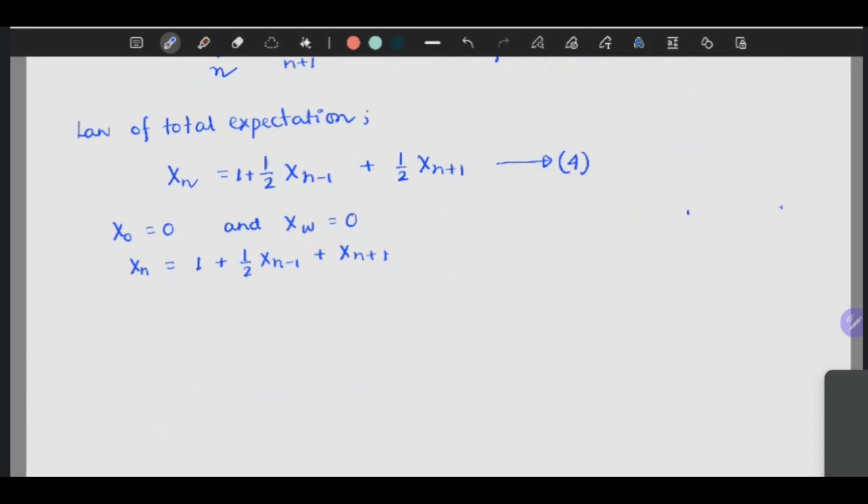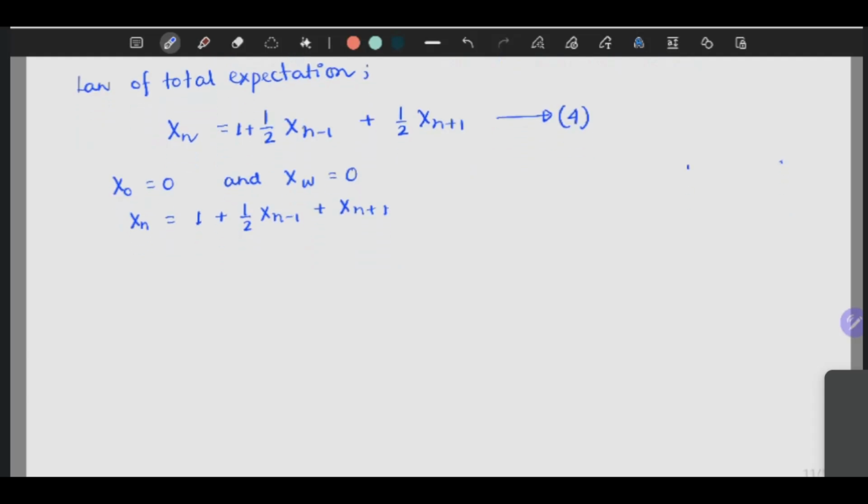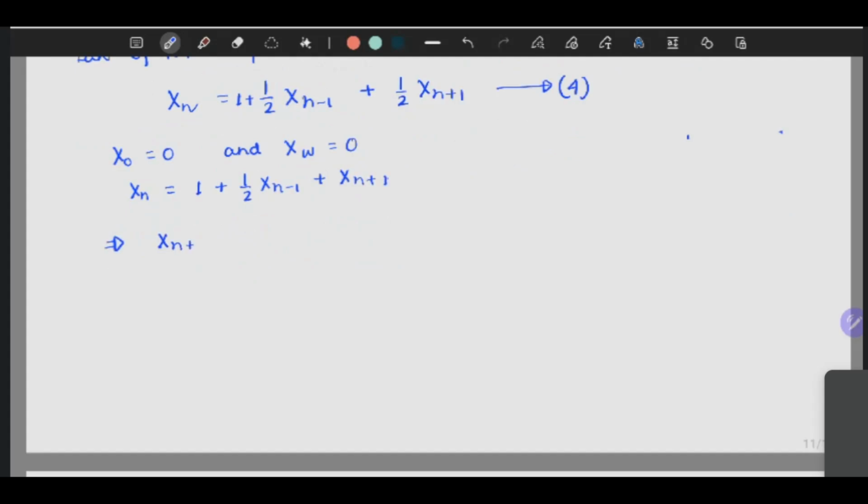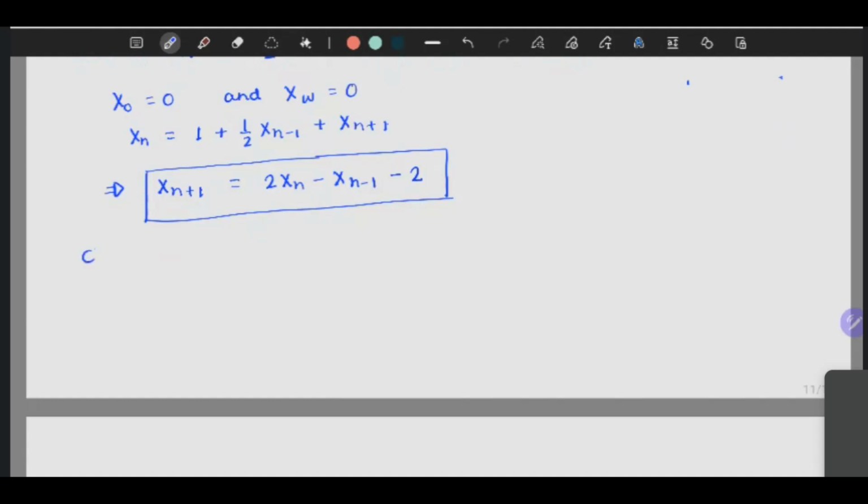Okay, so now if you rewrite this equation as a forward equation, then this will be xn plus 1 equals 2xn minus xn minus 1 minus 2. So this is one recurrence relation.